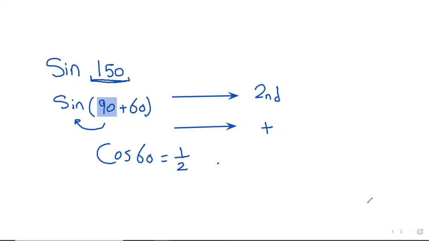Let's take another example: cosine 150. 150 lies in the second quadrant. What is the sign of cosine in this case?